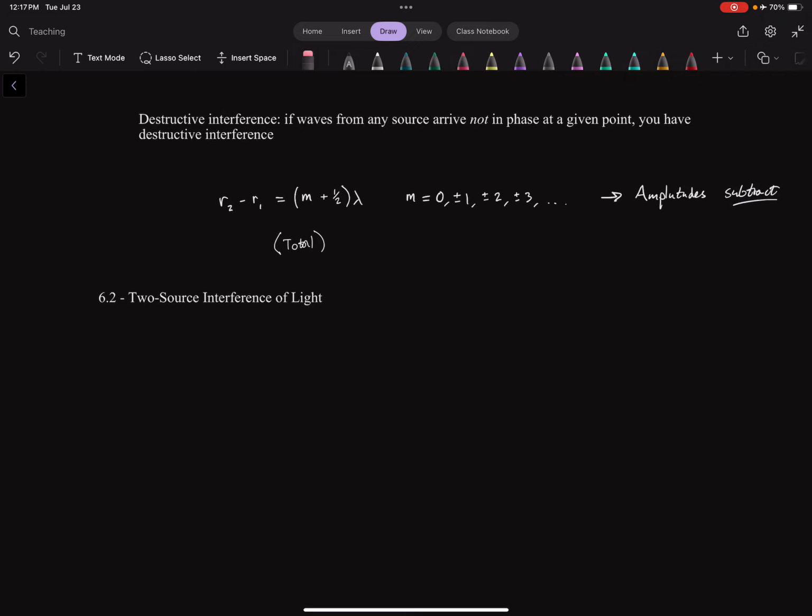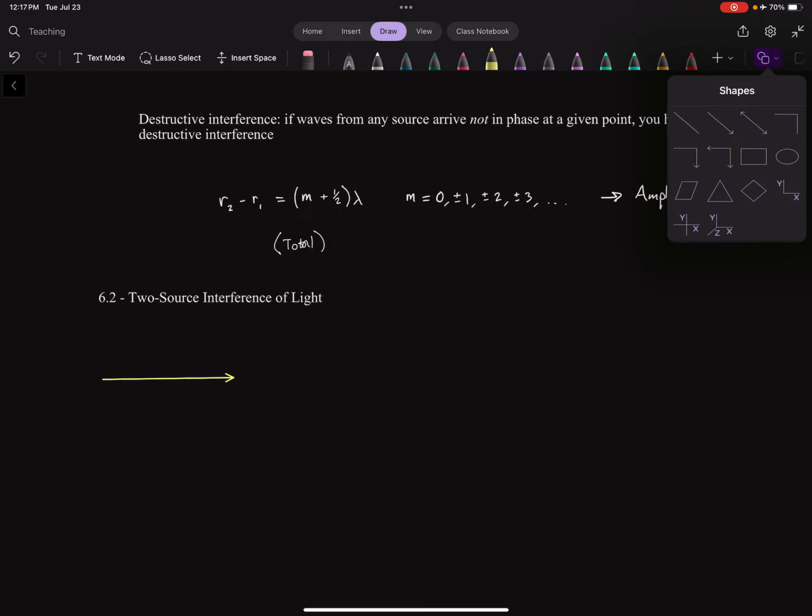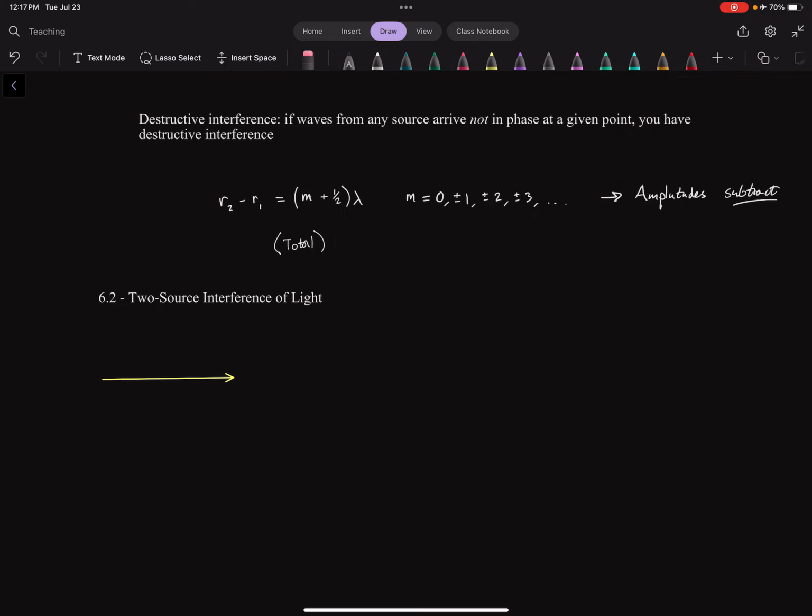So we're going to represent it like this. Monochromatic, meaning same wavelength, right? And I'll use red here.